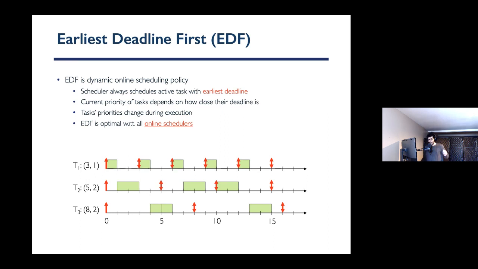So anything that RM can do, EDF can do as well, because EDF is the top student in the class of online schedulers. So any other scheduling policy that you can come up with that is online and can schedule a task set means that EDF can also schedule that task set, meaning that it can produce a feasible schedule for that task set.